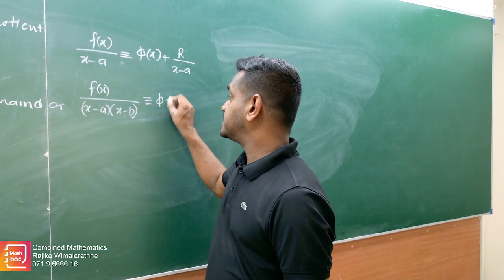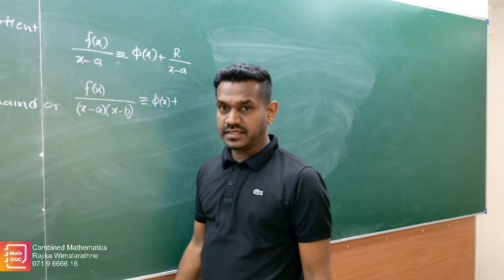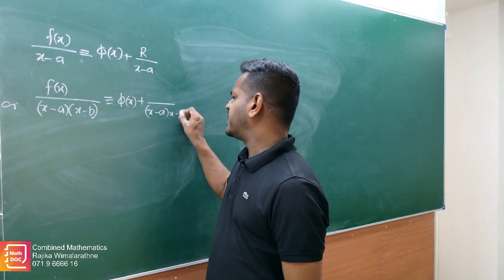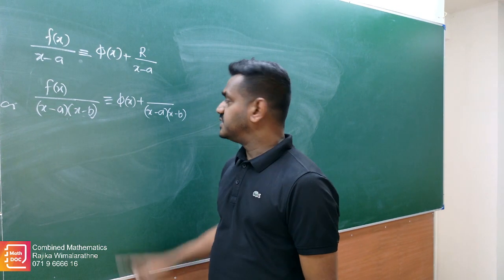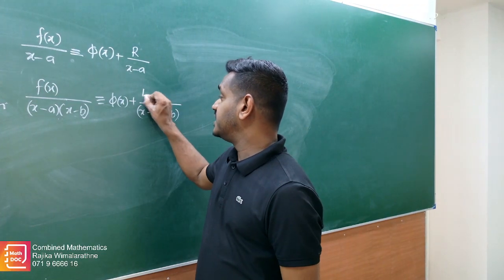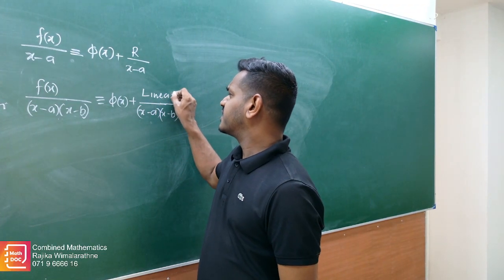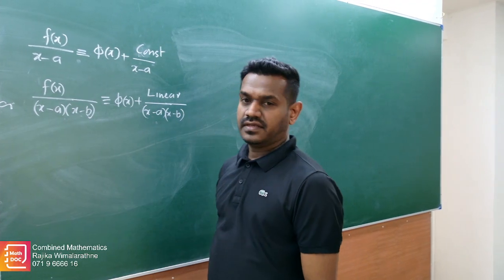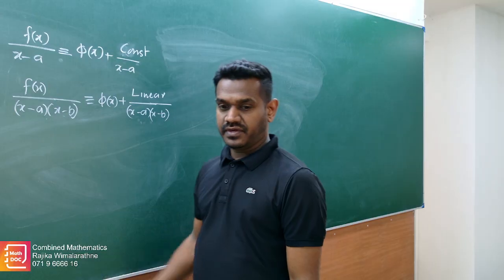Then there is a quotient, and the remainder here is linear, because the divisor is quadratic, no?